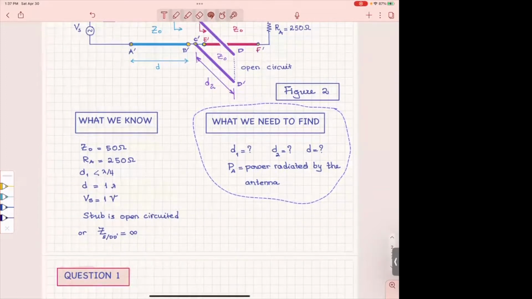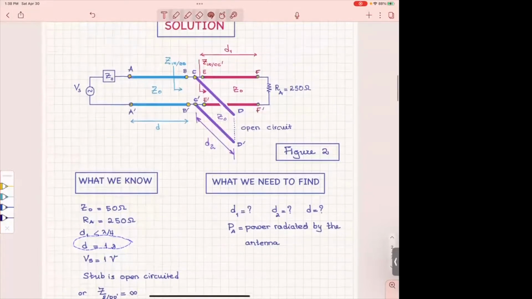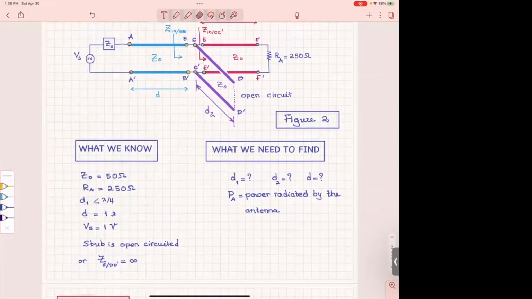So the first thing is 50 ohm characteristic impedance everywhere. The radiation impedance of the antenna is 250 ohms. D1 is less than 1/4 of a wavelength. The total distance, in fact, I should not probably say that. Let me correct this.